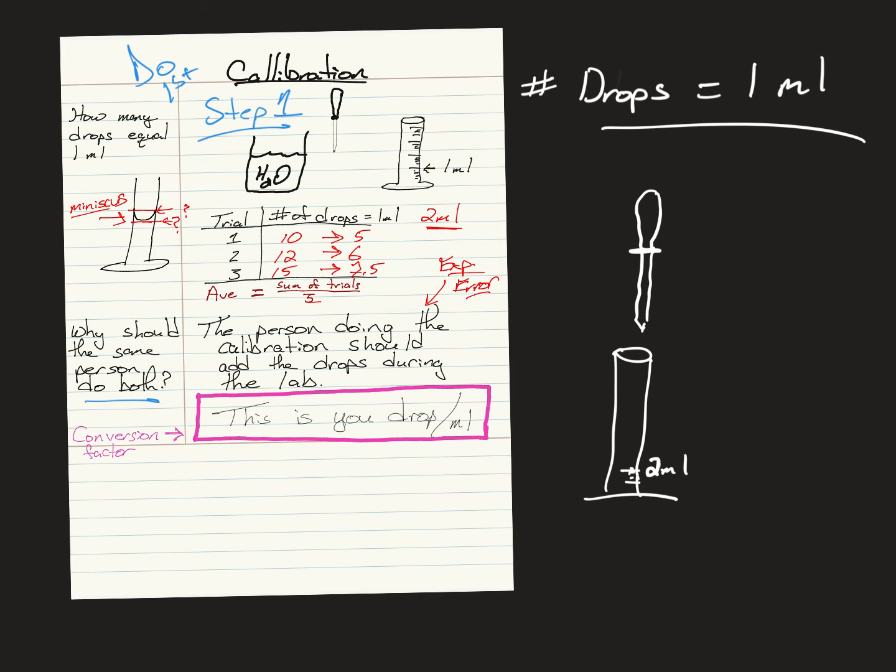Exactly. You guys got it right on. So they remember how much force they use, and they're going to use exactly that force again so that you get the same size drops. If the drops are bigger or smaller, then they won't be the same number of drops for 1 milliliter, and you can end up getting a bad volume measurement.